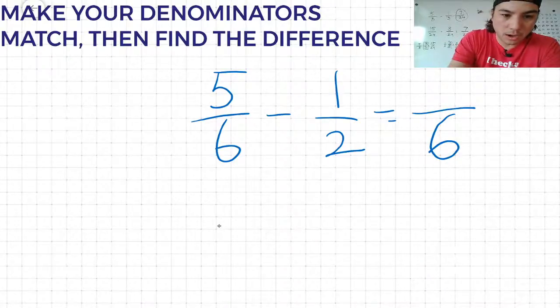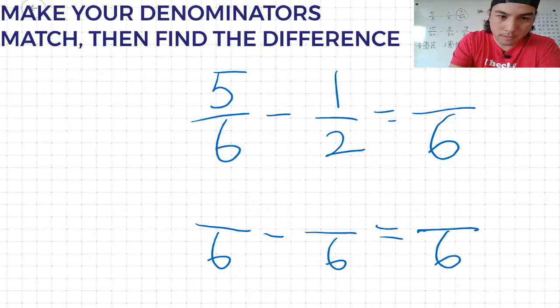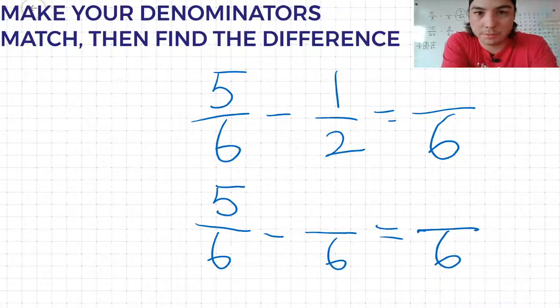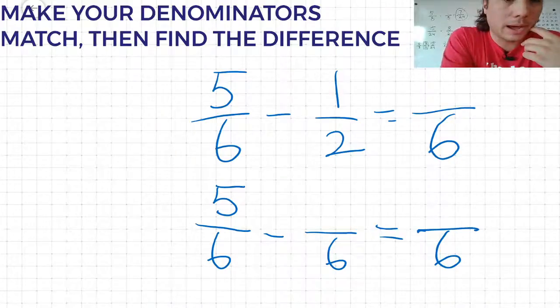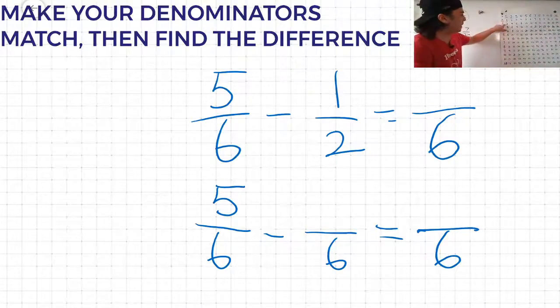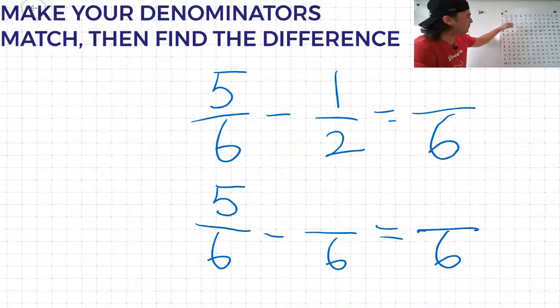When we rewrite it below, we already know how much 5/6 equals in sixths. It equals 5/6. Simple as that. Now all we've got to do is figure out how many sixths equals 1/2. And we can do that by going back to our multiplication chart and going, okay, 2 times what equals 6? 2 times 3 equals 6.